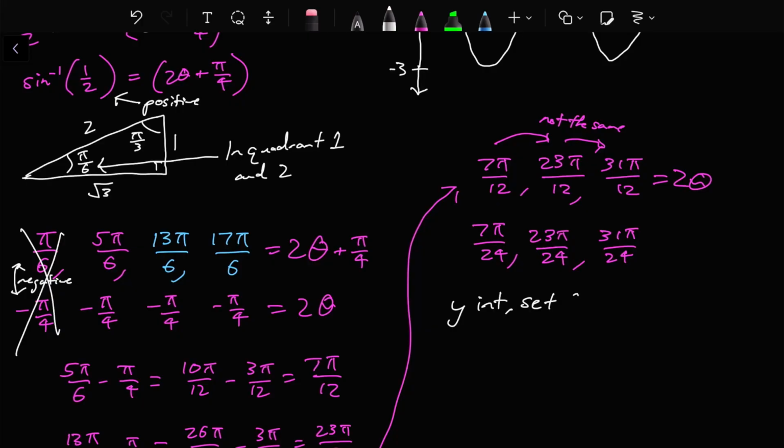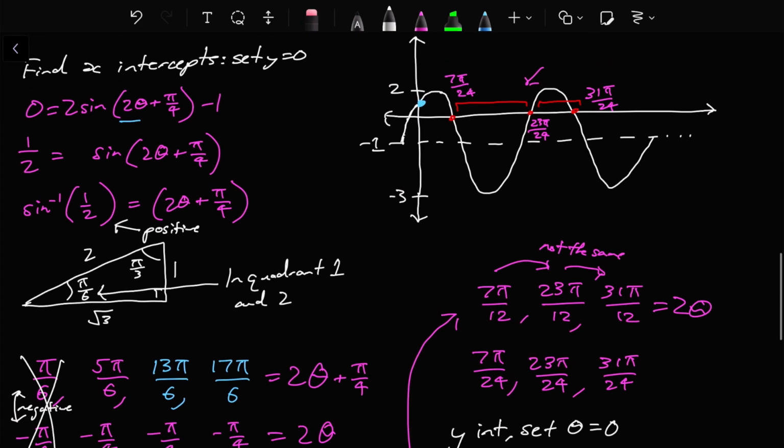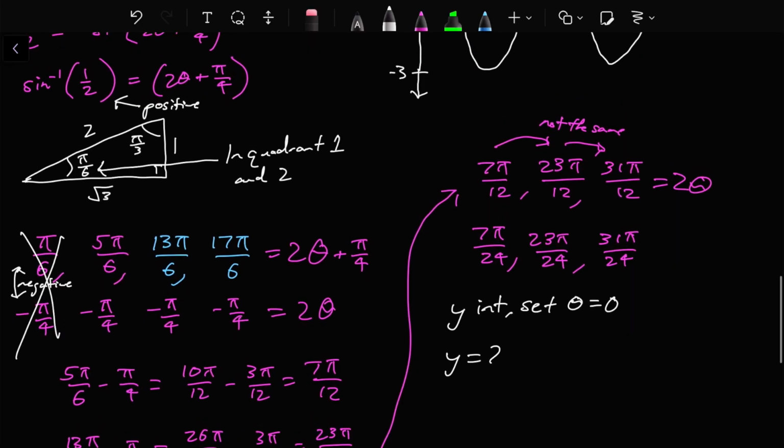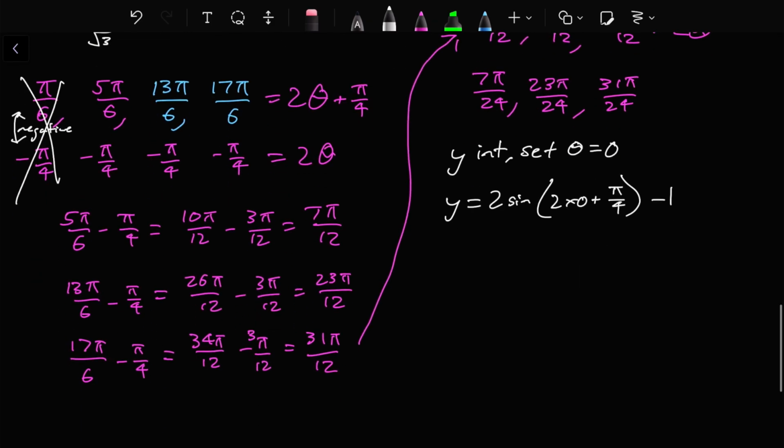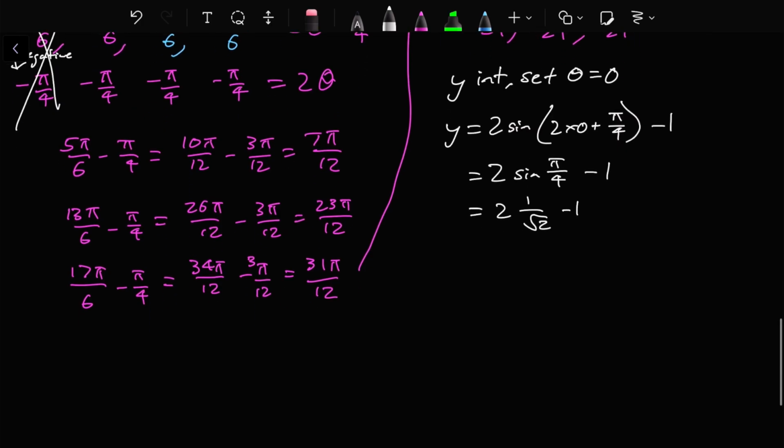Set x or theta equals 0. Okay, so y is equal to 2 sine(2 times 0 plus pi on 4) minus 1, which is equal to 2 sine of pi on 4 minus 1, which is 2 times 1 over root 2 minus 1. I'm just getting my exact values here. If you don't trust me, go back and have a look.